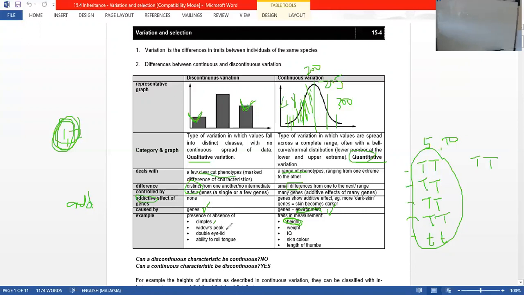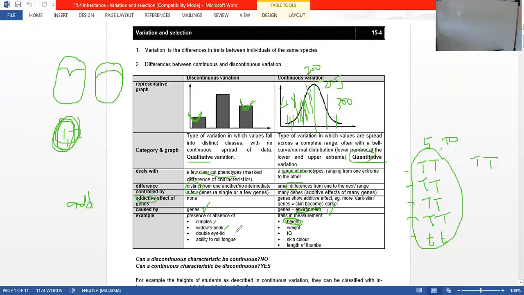Widow's peak refers to people's hairline. This is widow's peak. Those Africans, they don't have widow's peak. They have a nice straight line like this. Double eyelid, you know. Ability to roll tongue.